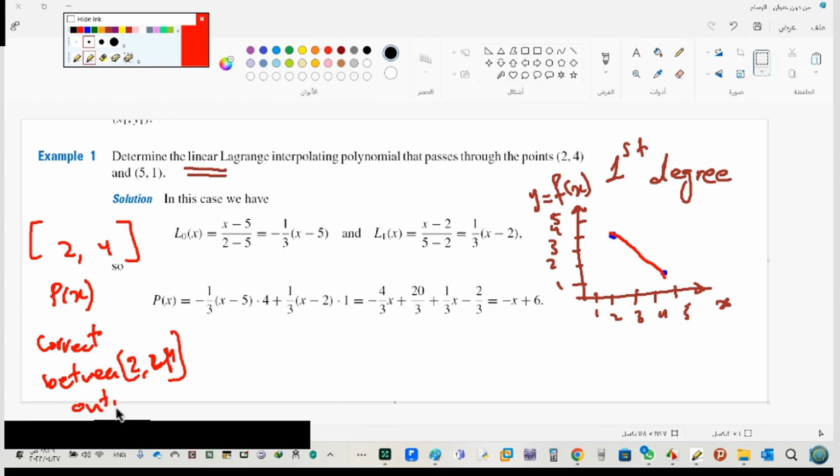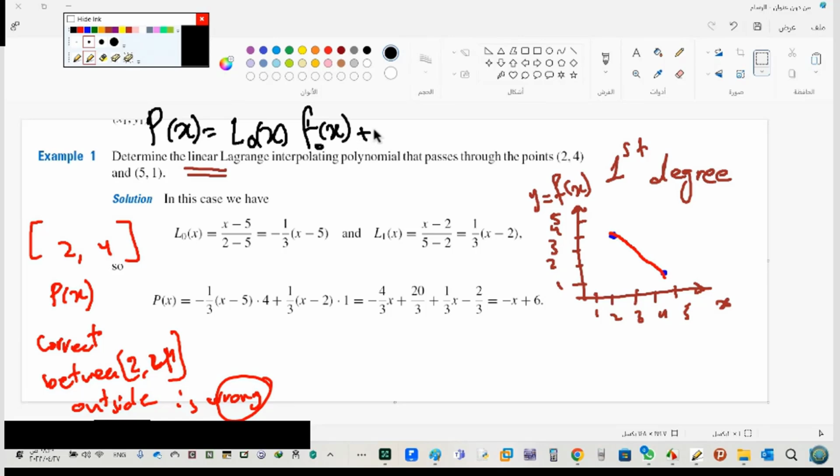Outside is wrong. It's important. This formula that we find is correct only in this interval. Outside is wrong.